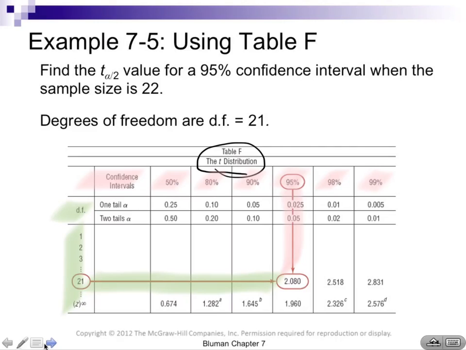In some ways I think this is maybe easier than the z table, but you still have to go to a table and get your information, and they will be included on your test.